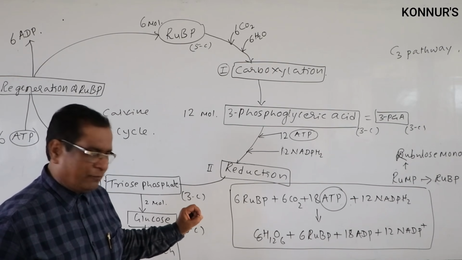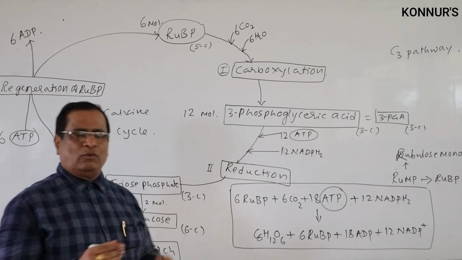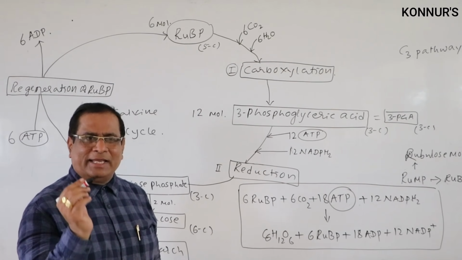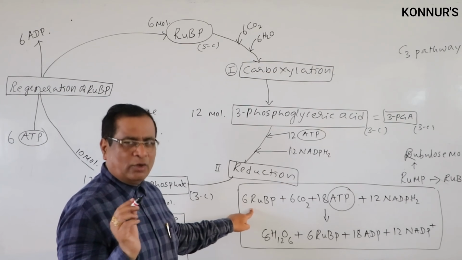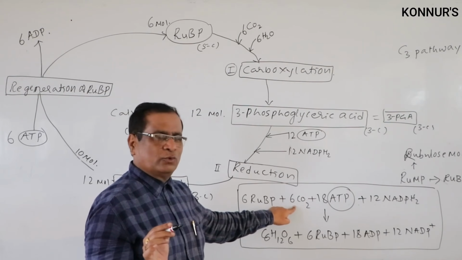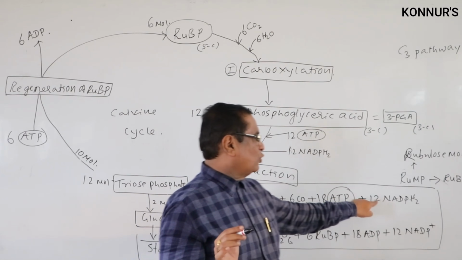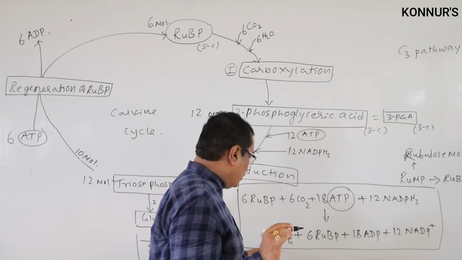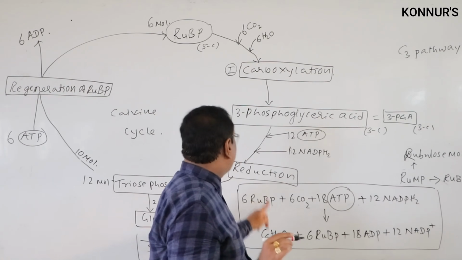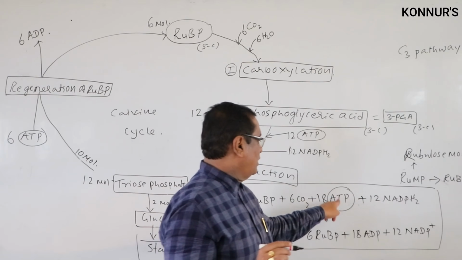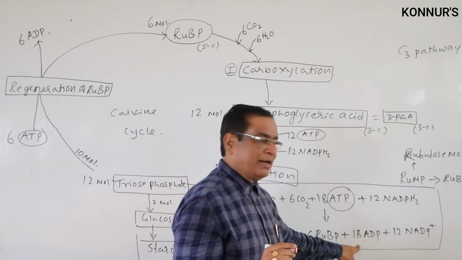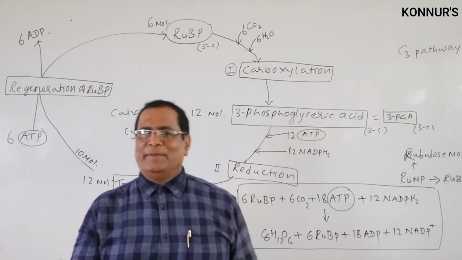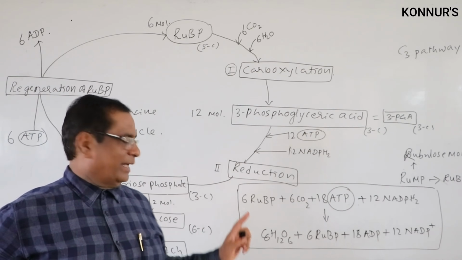This is the equation for dark reaction. They will give many equations. Which of the following is the equation for dark reaction? 6 RuBP fixes 6 CO2, 18 ATPs and 12 NADPH2 are used to form one molecule of glucose, and the 6 RuBP are regenerated. From 18 ATP, 18 ADP are remained. From 12 NADPH2, 12 NADP plus are remained. That also they can ask.